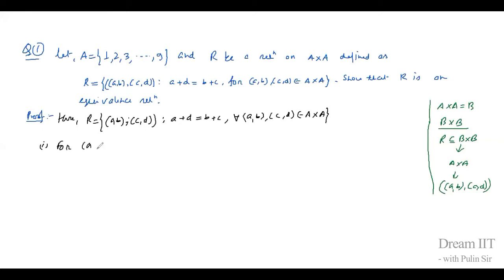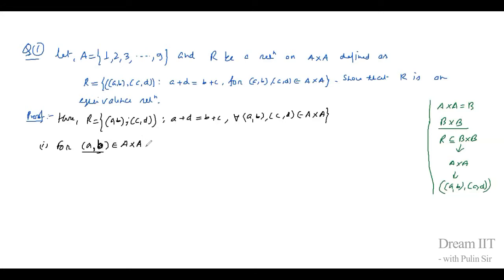For any element (a, b) in A cross A, if I can say that (a, b) is related to itself, then I can say it is reflexive.